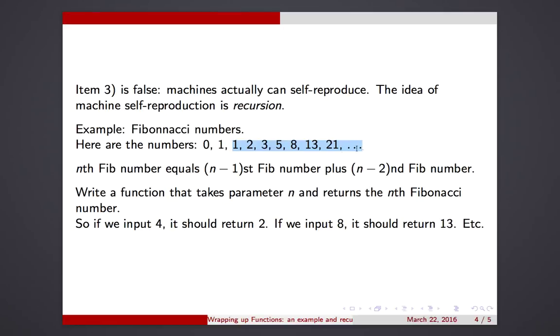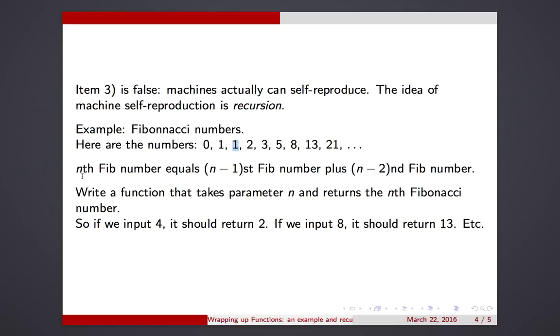That statement only makes sense for numbers that have 2 previous entries, right? So this number 0 doesn't have any previous entries at all. This number 1 only has 1 previous entry. It doesn't have 2 previous entries. So the first time in the sequence where this statement makes sense, like, hey, take the previous 2 guys and add them, is right here.